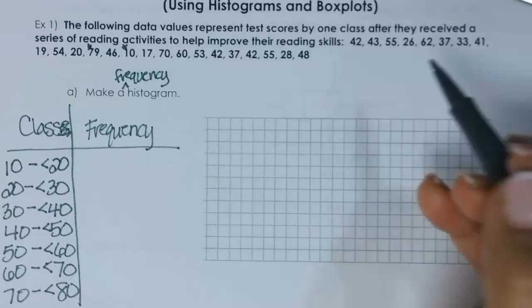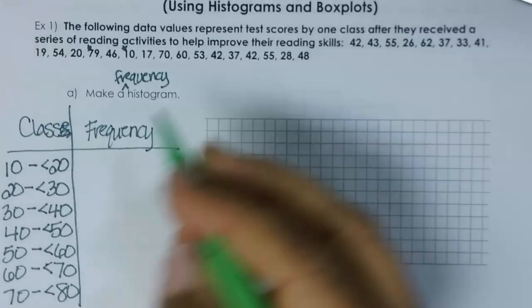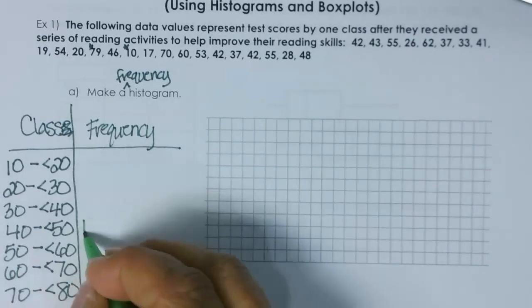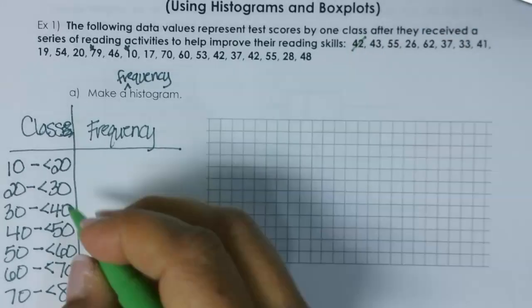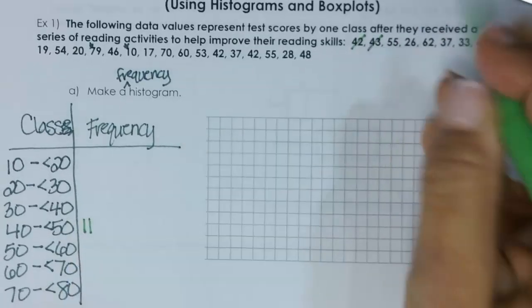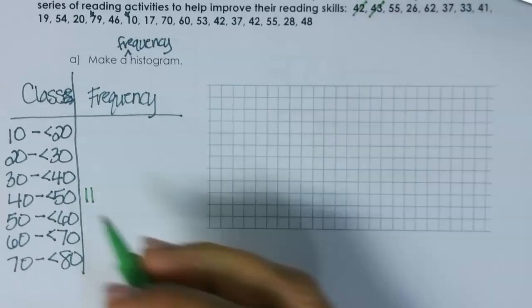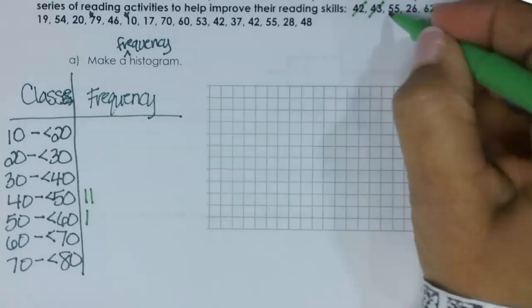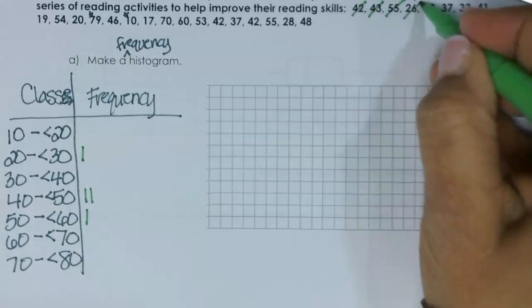We're just going to work through the different values. 42 would go in the class from 40 to less than 50. 43 goes in that same class. 55 would go in the class from 50 to less than 60. 26 would go into 20 to less than 30.